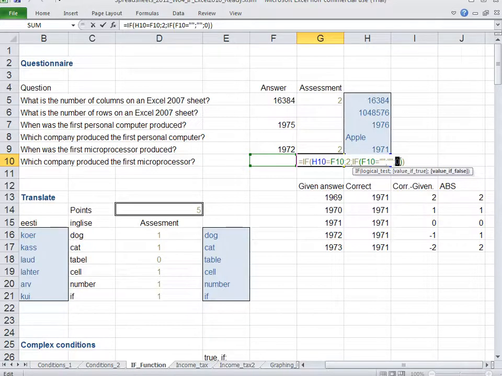And to recap one more time what we've done. This first if has 3 parts. The first part is the comparison. The second is 2 points for the correct answer. And the second if, the entire second if, is the third part of the first if. Now, if we look at the second if, the first part of the second if is the second comparison.